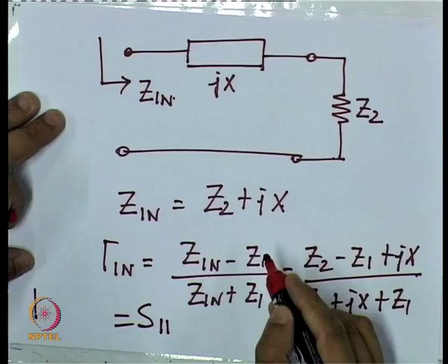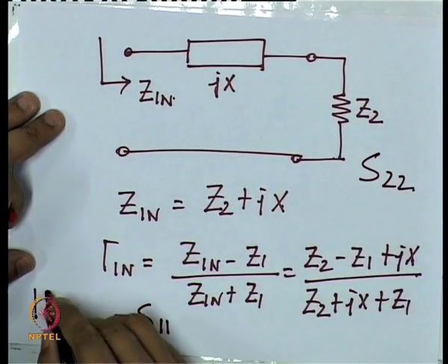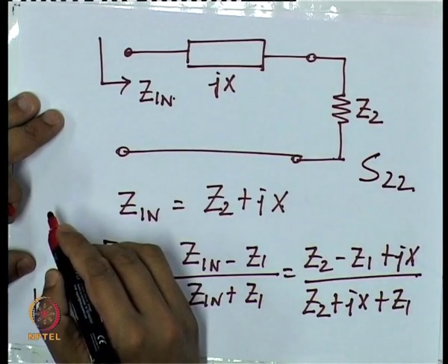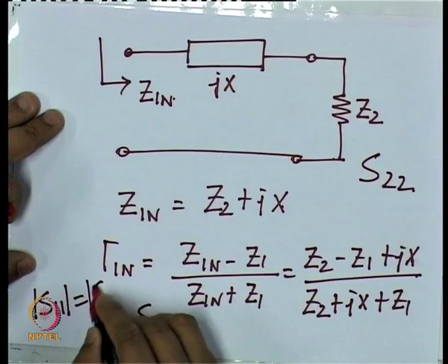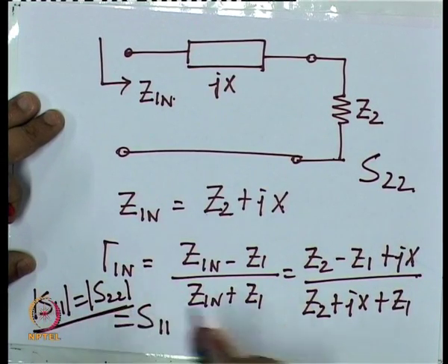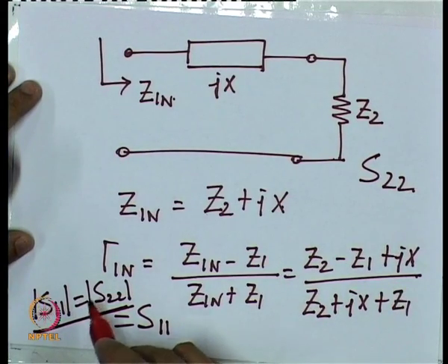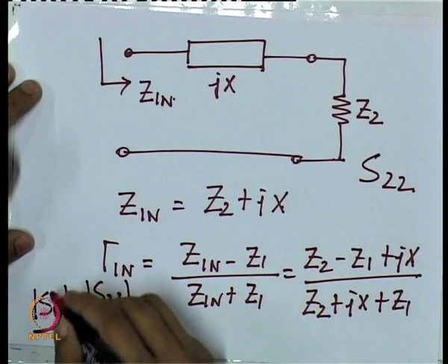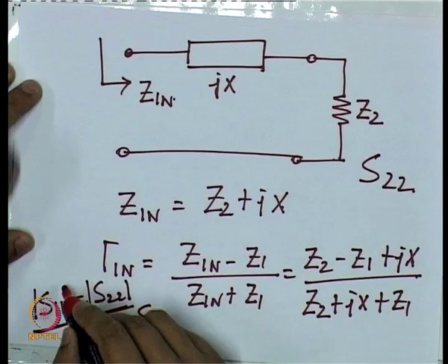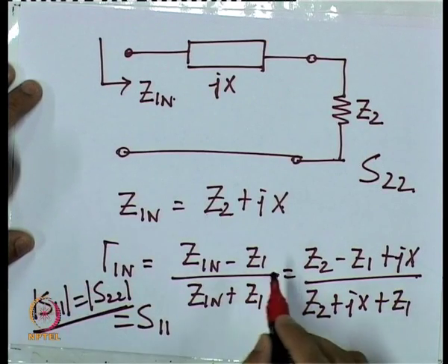Now, if we proceed similarly, we can also find out S22, and we can verify that mod S11 will be equal to mod S22. This similarity is because of the lossless and reciprocal nature of this circuit, and due to the relationship that we had derived for a two-port network a few slides earlier.